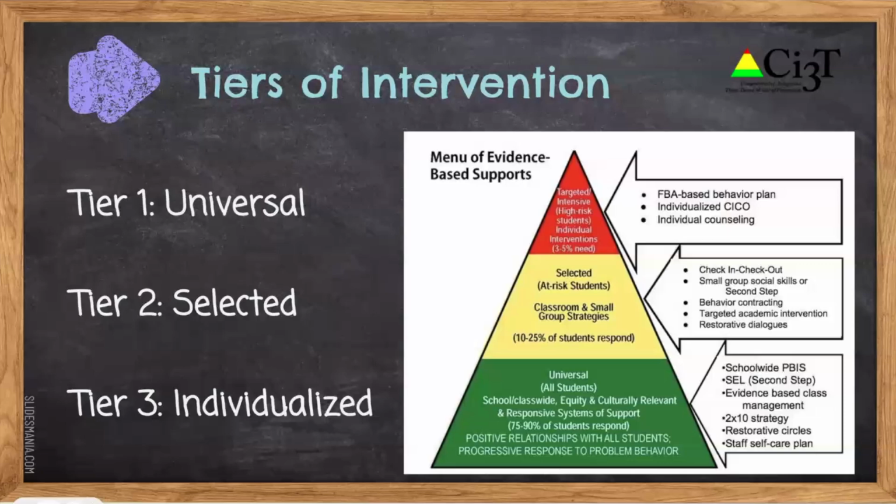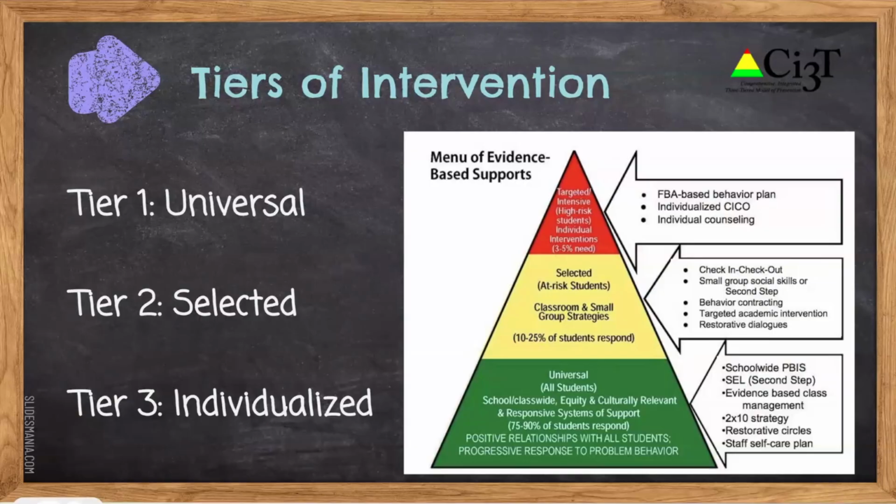Tier 2, on the screen, it calls it selected. I've heard it mentioned as targeted. So these are at-risk students who need some extra support besides just Tier 1 strategies or those universal core behavior practices that you have in your schools.